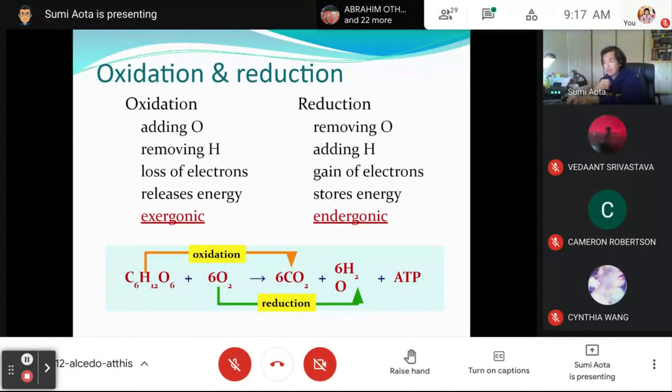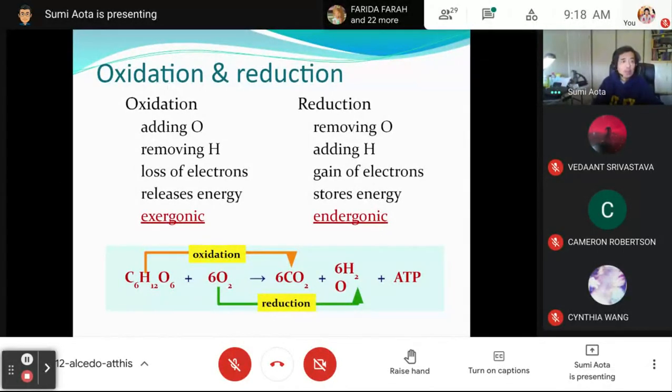So we're using the oxidation of glucose to drive the synthesis of ATP. It's still a coupling reaction. We're still linking an exergonic chemical reaction to an endergonic one. We're still using one reaction to drive another, right?